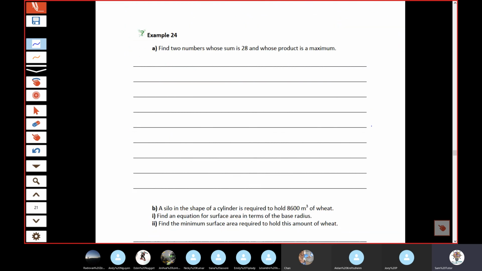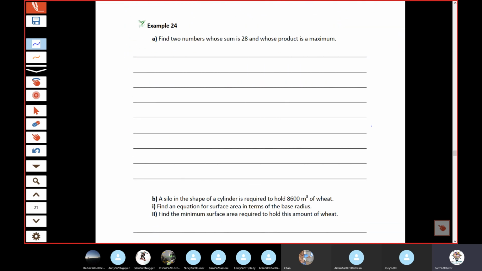Let's do another one. Example 24. Find two numbers whose sum is 28 and whose product is a maximum. All right, what do you think you have to start with? Sum is 28. Lissandra, what do you think I'm going to write?